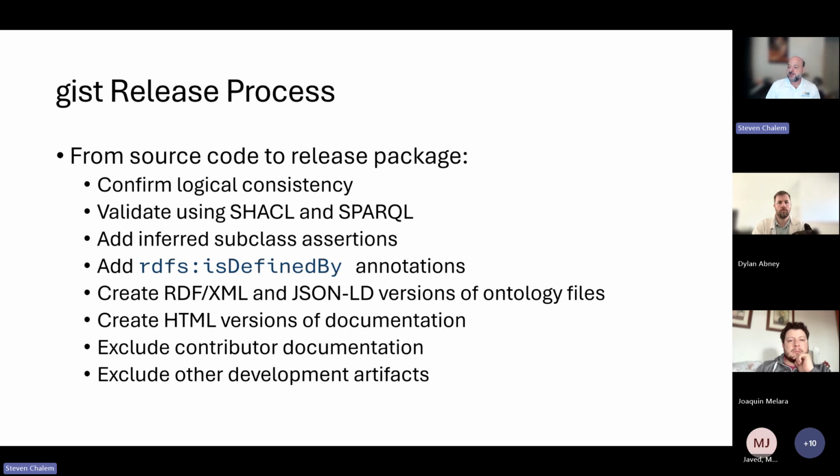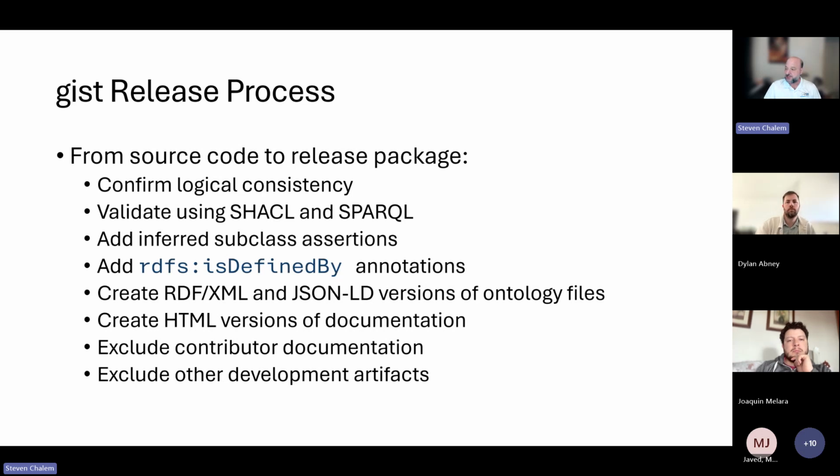And then we do some things that are helpful for various tools that people use with ontologies. There are some places where subclasses can be inferred, but not all reasoners are going to make those inferences. And so we go through and we add explicit subclass assertions where those can be inferred.